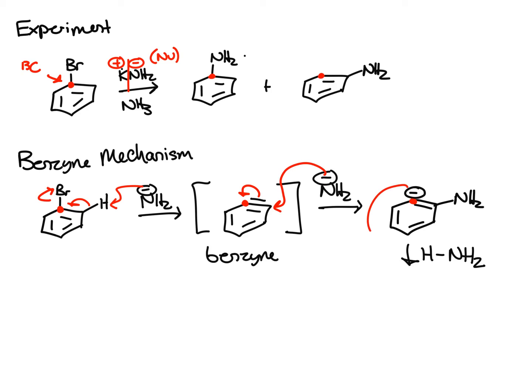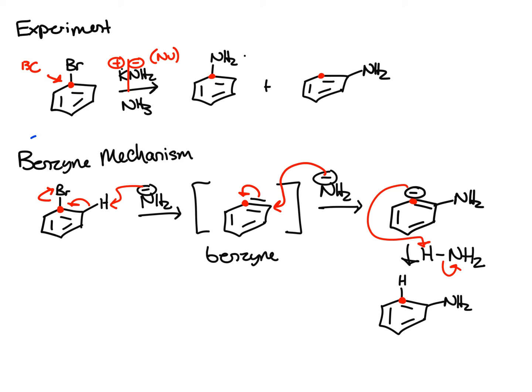So the negative will come down and grab the proton, giving us our final product with the NH2 group adjacent to the labeled carbon.